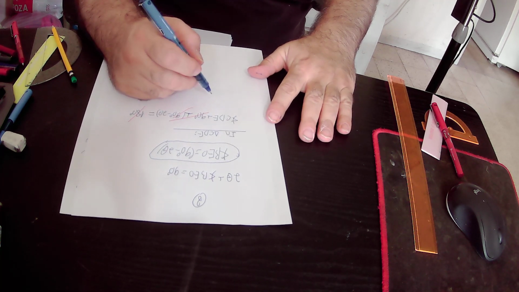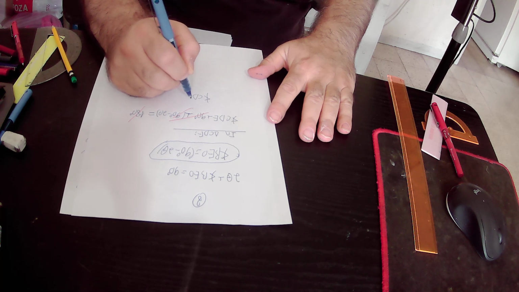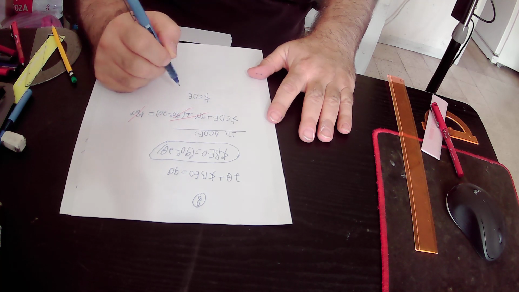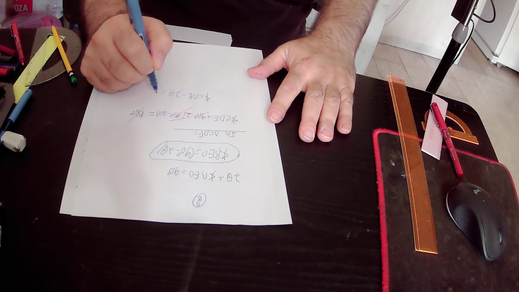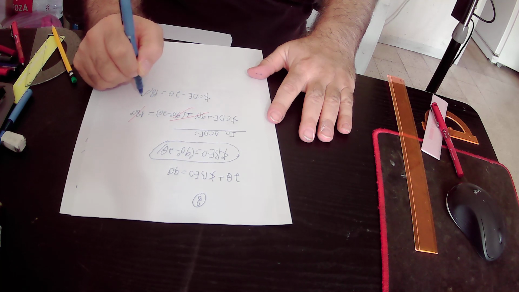What is left is that angle CDE minus 2 theta equals 0, because the 180 degrees is cancelled on both sides.